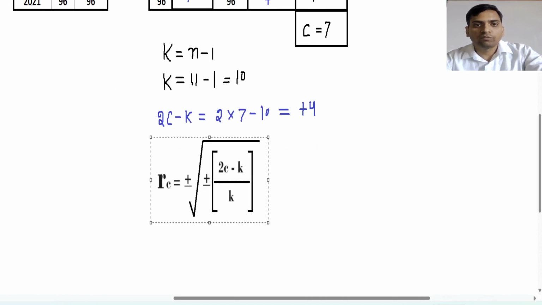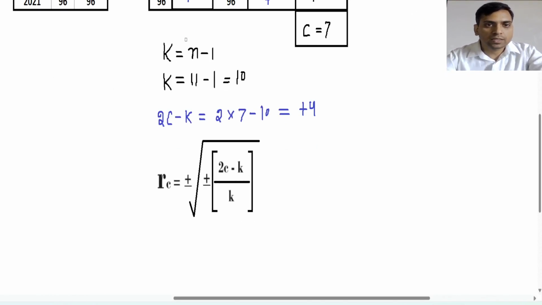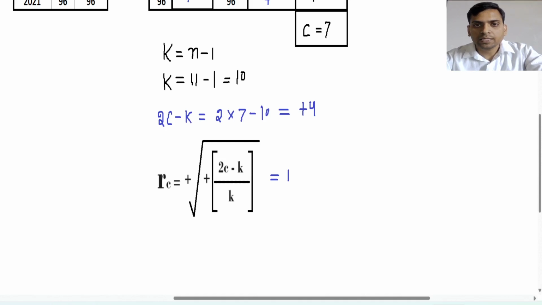So this means your formula will be with the plus symbol, plus term. Now we will put values in this formula. So you will see this as plus, first is plus, then under root, and then plus inside, 2C minus K upon K. So 2C minus K is 4 and K is 10.